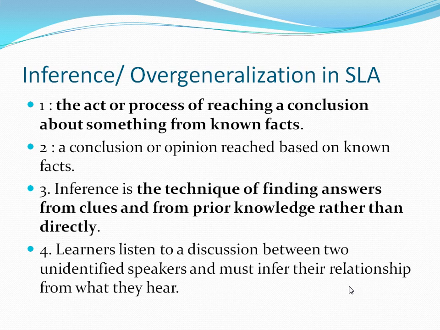After getting this idea, the learner tries to generalize it to other cases, and says they goes to market. He has understood that if it becomes he goes, then they can also become they goes. That is, after getting language data, the learner generalizes one set of rules to other applications. That is called overgeneralization. So, what is overgeneralization?